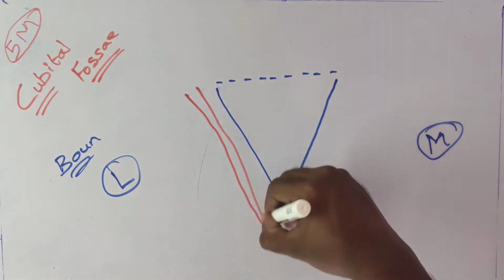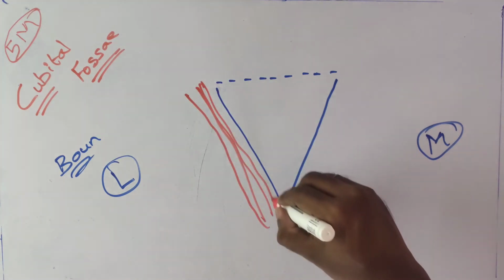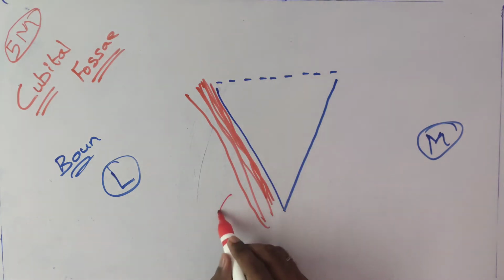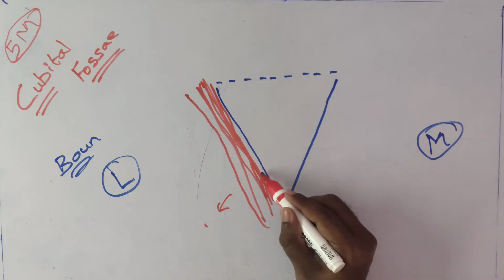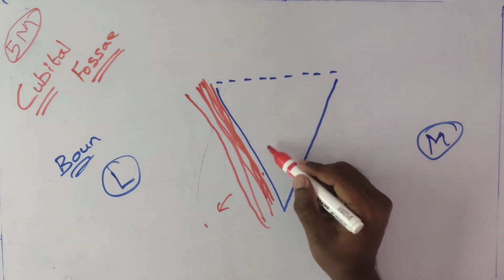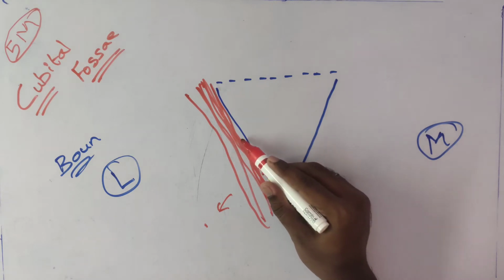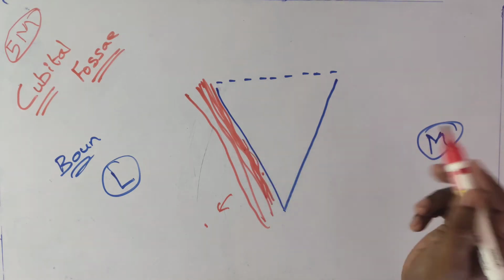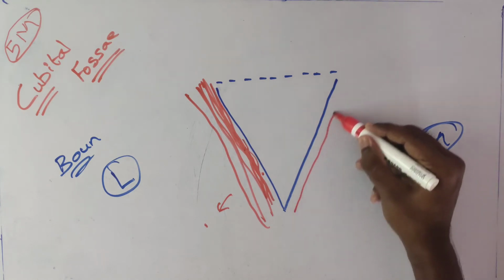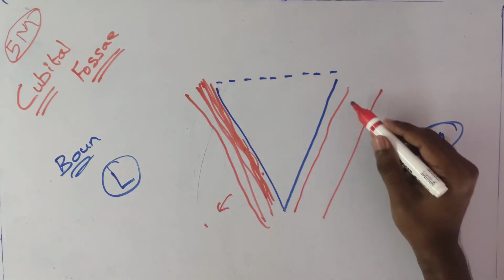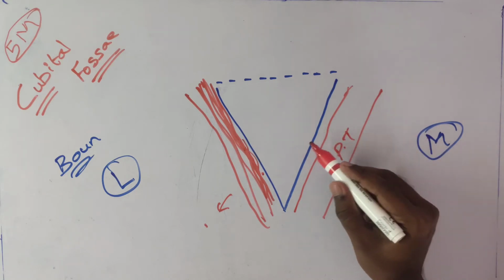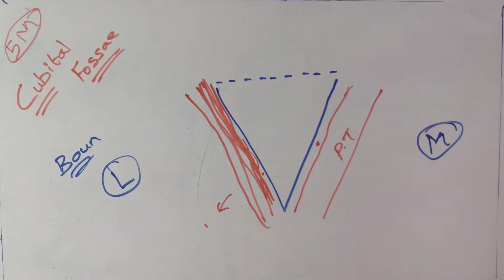Here it is the lateral border of brachioradialis and it is the medial border of brachioradialis. So on the lateral side, the triangle is related to the medial border of brachioradialis, and coming to the medial side, here we can see the pronator teres muscle. It is the medial border of pronator teres muscle at the medial side.